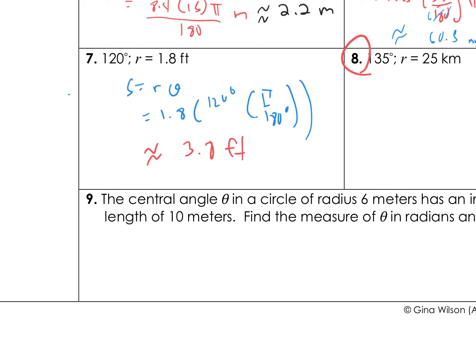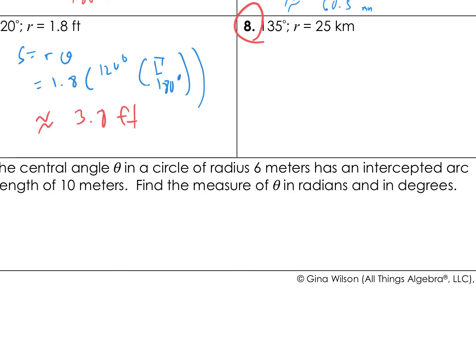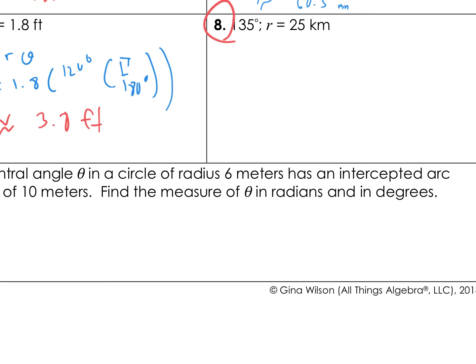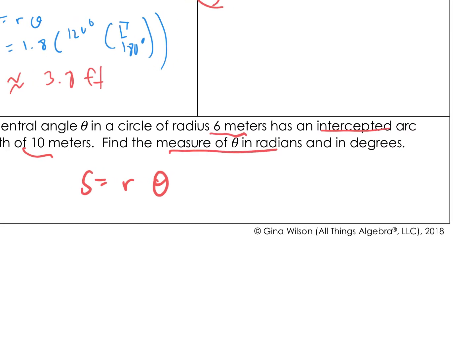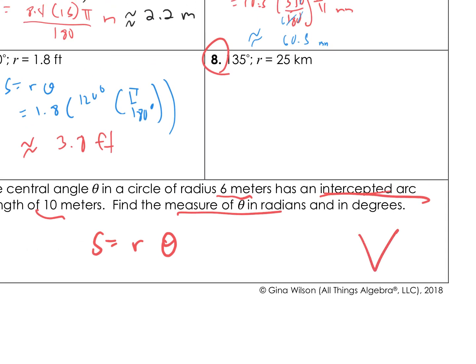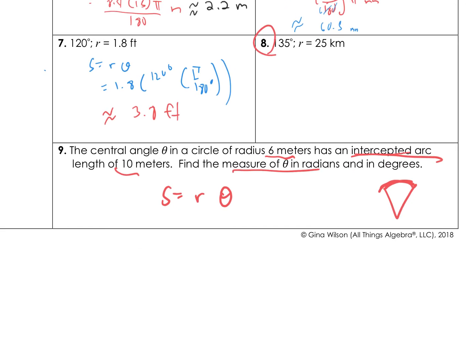Do I want to do this one? The central angle, 6 meters radius, has an intercepted arc of 10. Find the measure of theta in radians. Look, if I write the formula, S equals R theta, they already gave me S. When you take an angle, that's called an intercepted arc, okay?